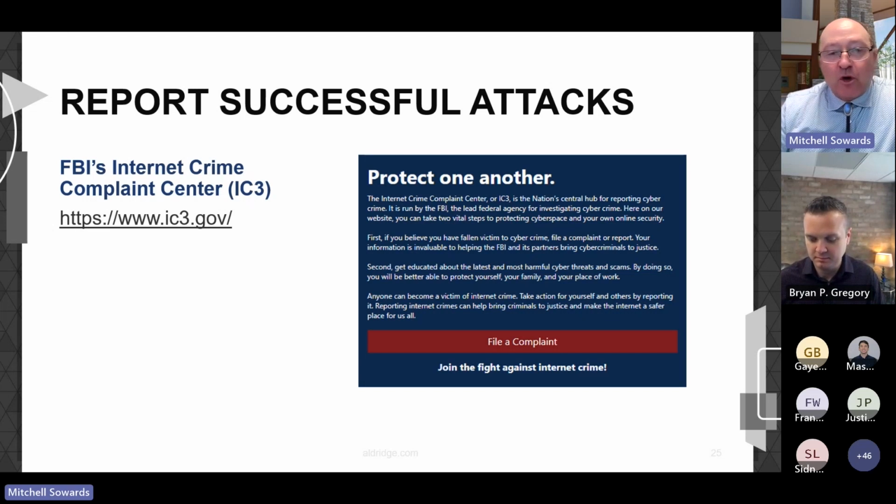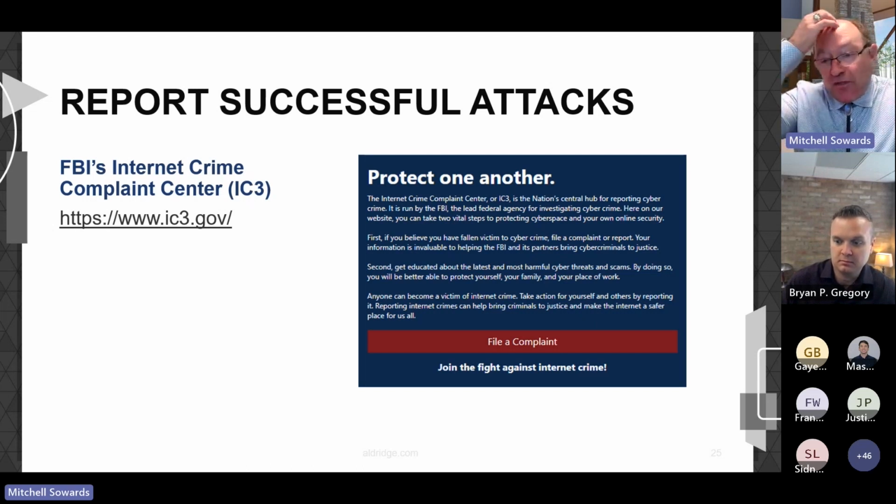And you can go report, this bad thing happened to us, right? And that will help the U.S. government, who really are trying all the time to help us. It'll help them keep track of what's happening where, identify threat actors, and put them into groups so that they know that these attacks are coming from this location. So it can be helpful if you would do that.